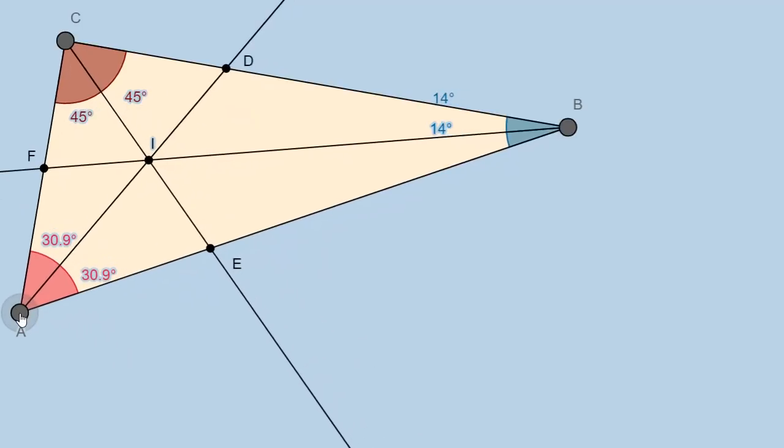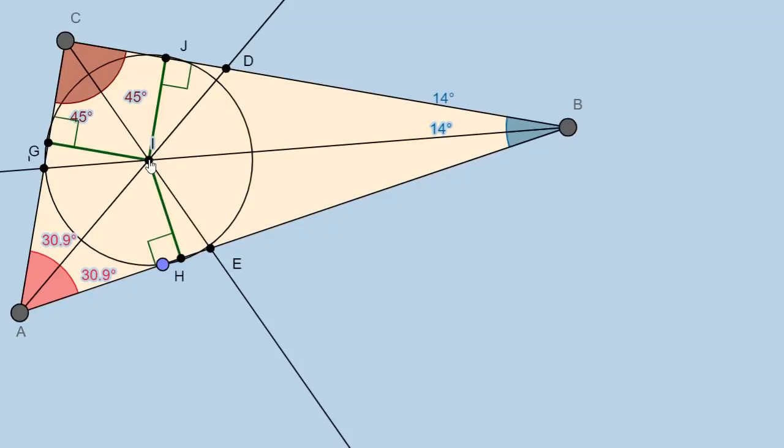Now the other thing is that if I draw a circle here, you'll notice that the incenter is the center of a circle that touches each side of the triangle once. It's called inscribed. And because it's a circle, each one of these perpendicular lines that go from the center to the side of the circle, they're a distance, and you'll notice that they're all going to be the same. So an incenter is equidistant to the sides of a triangle.